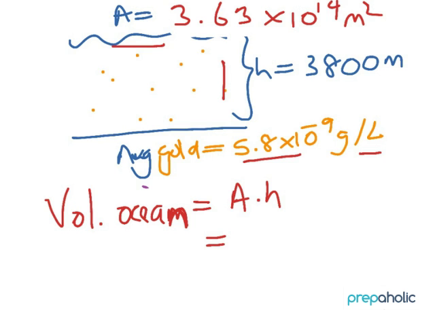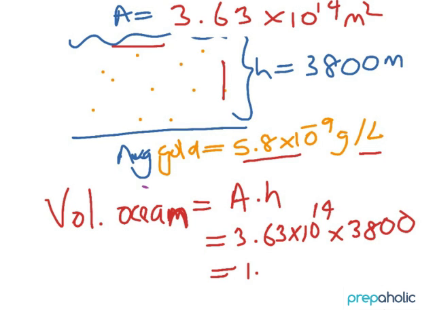We now know that the area of this ocean is 3.63 into 10 to the power 14, and the height is 3,800 meters. So our answer is going to be 1.3794 into 10 to the power 18 cubic meters.